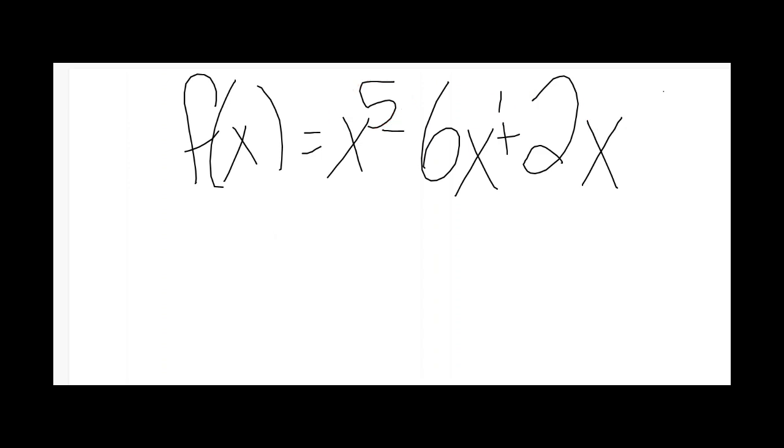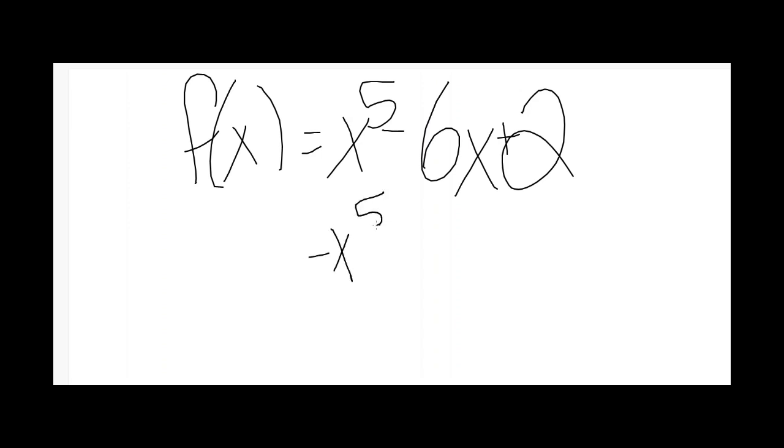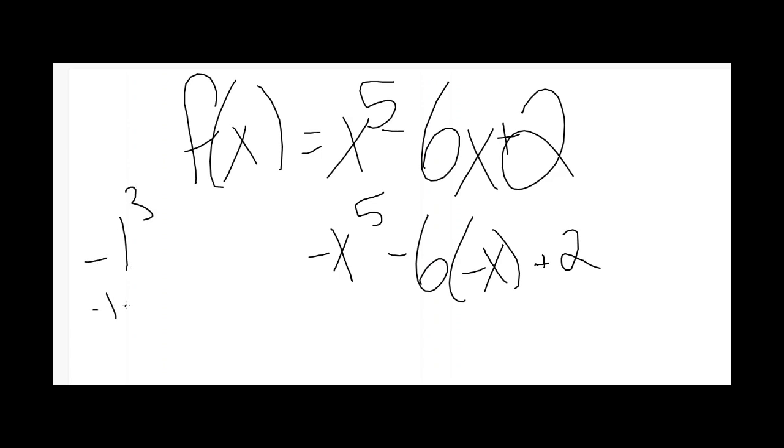But let's prove it. Let's see how we actually know for certain. So if we plug in negative x into this equation, negative x to the power of 5 minus 6 times negative x plus 2. Right? So we know that this will be similar to anything powered. If you have negative 1 cubed, it is negative 1 times negative 1 times negative 1.